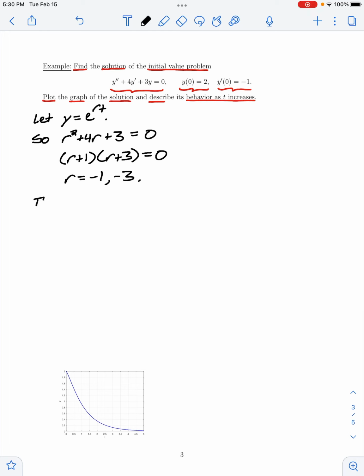So in this case, we know that our general solution, y of t, is given by c1 times e raised to the -1 times t plus c2 times e raised to the -3 times t.